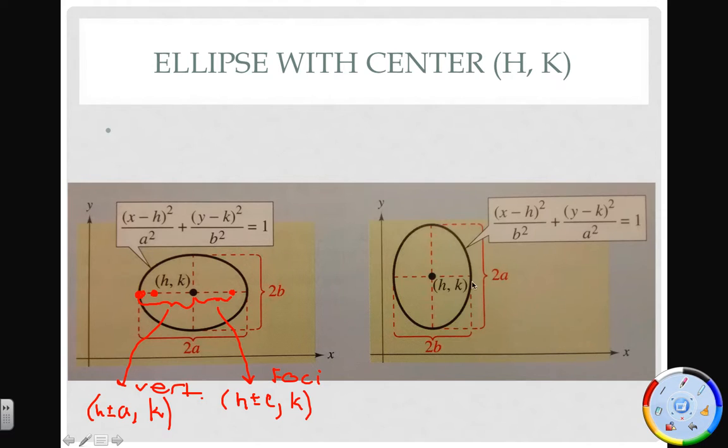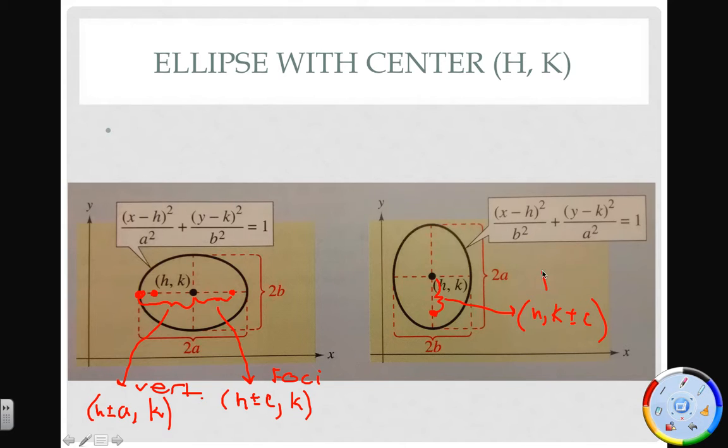And then likewise over here, it's a little bit different. Instead of changing the x values, moving left and right, we need to change the y values. So let's call this my c, the distance of c. In order to find the coordinates themselves, it is (h, k plus or minus c).